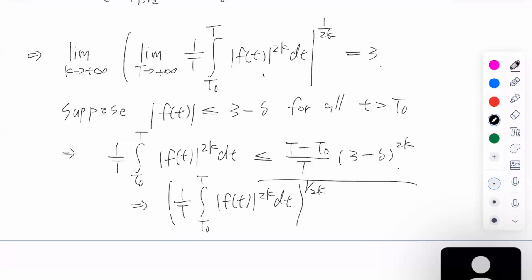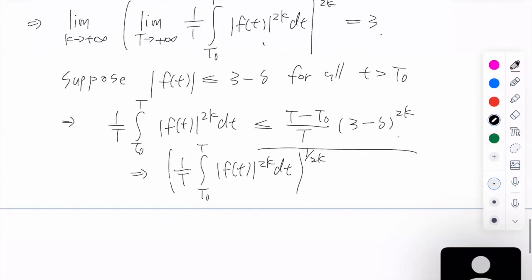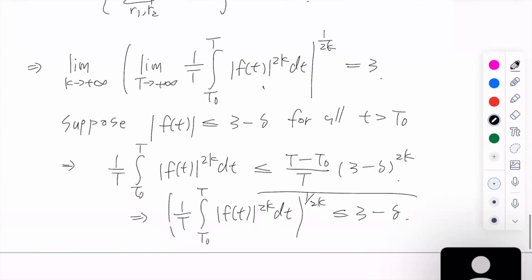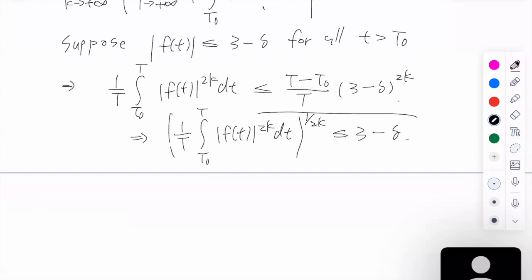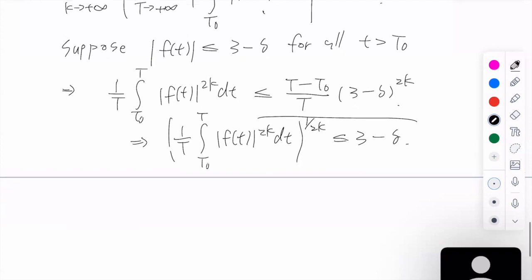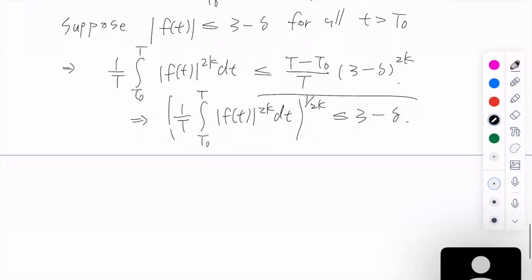If we take the limit, we don't have to take the limit here, but this directly means that the whole thing is going to be less than or equal to 3 minus delta. But we know from the definition of the limit formula here that this is going to be invalid when this t variable is large enough. As a result, we reach a contradiction.